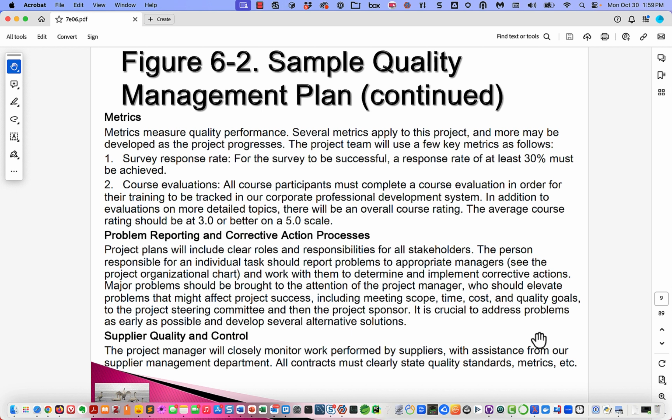It includes metrics, including the survey response rate and the course evaluations, problem reporting and corrective action processes, supplier quality control.